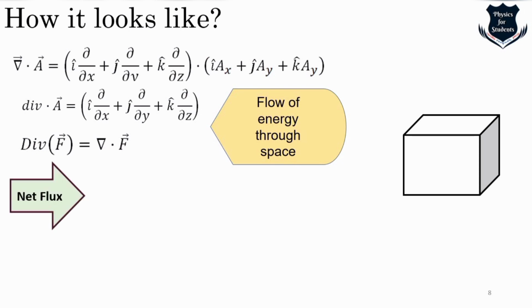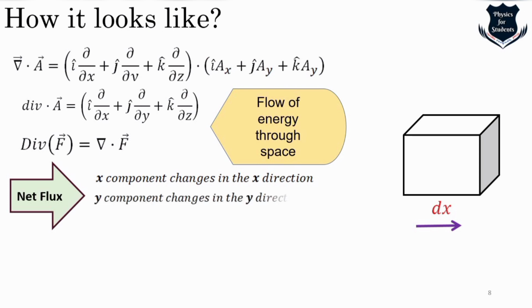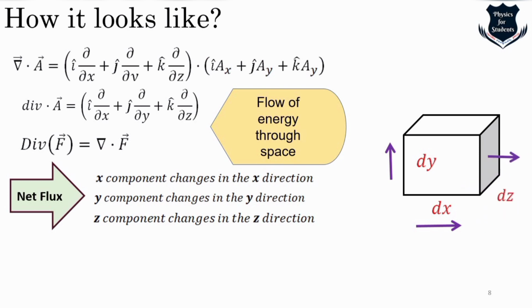So for example, if you want to calculate the net flux, what we will do is take the x components of this particular cube, which change in the x direction. We denote it as dx. Then we take the y components, which change in the y direction. We take it as dy. Then we take the z components, which change in the z direction, and we take dz, right?